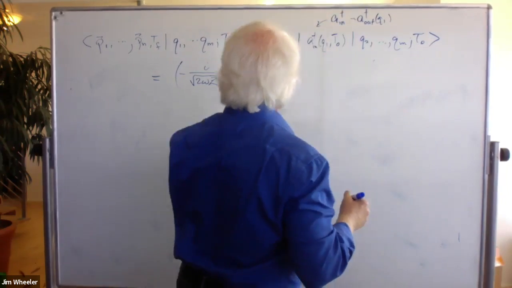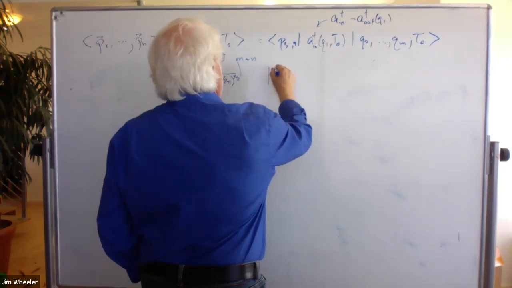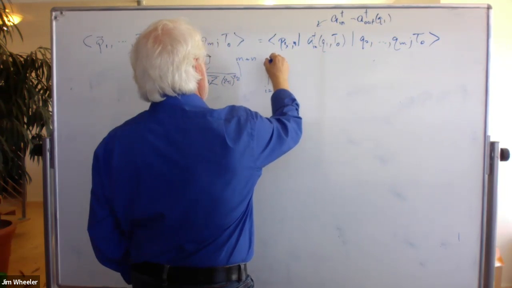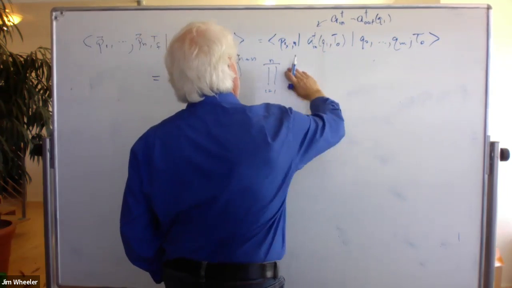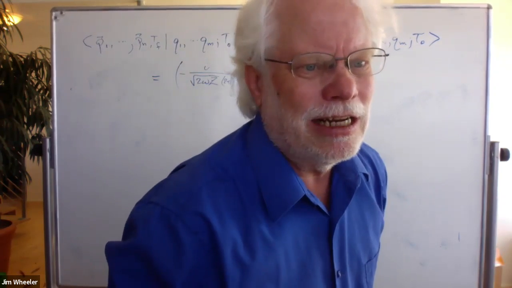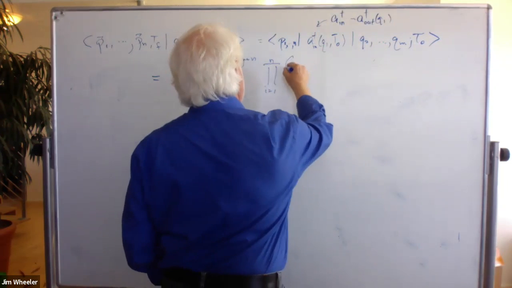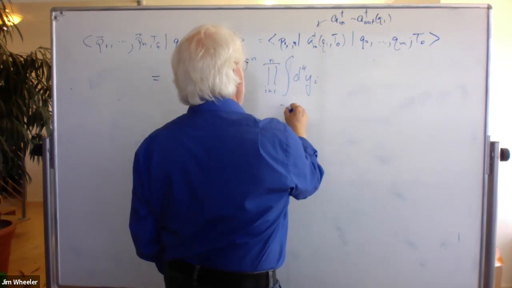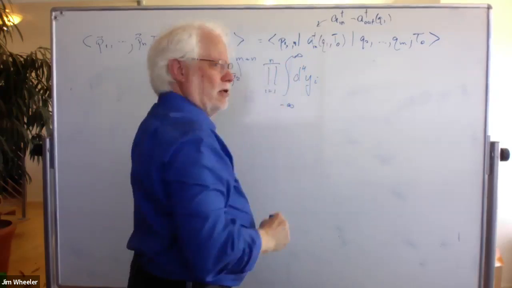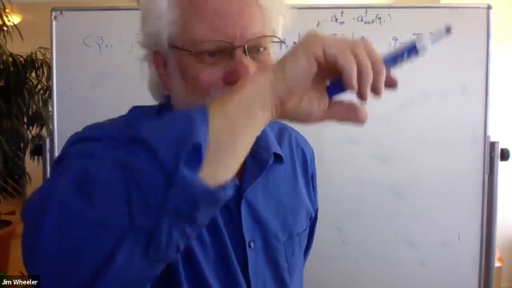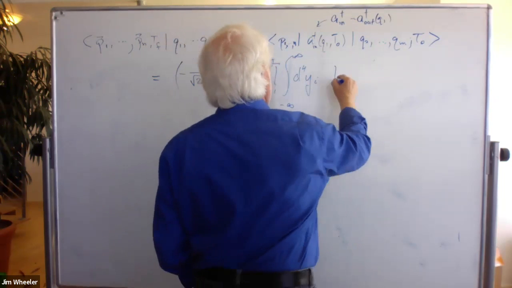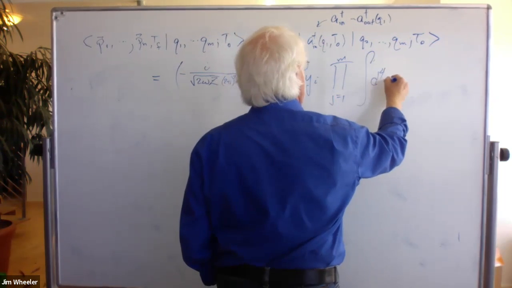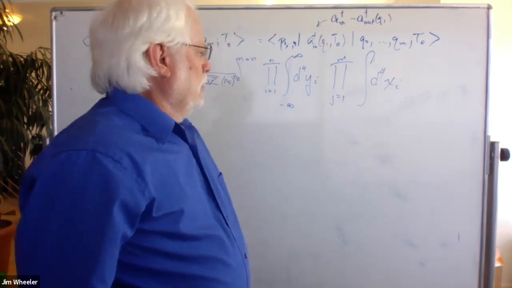Then we're going to have a product i equals 1 through n of integrals d4 yi over all space-time, and a similar product, j equals 1 to m, of integrals d4 x.